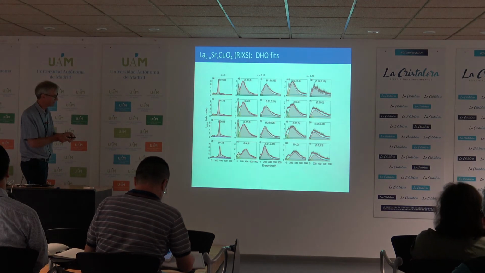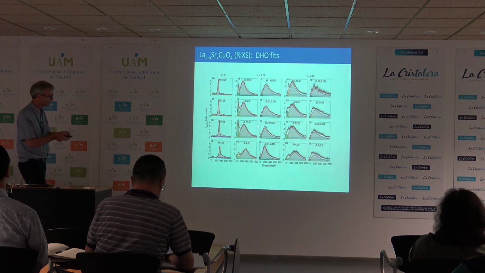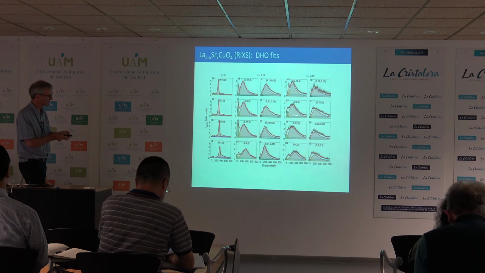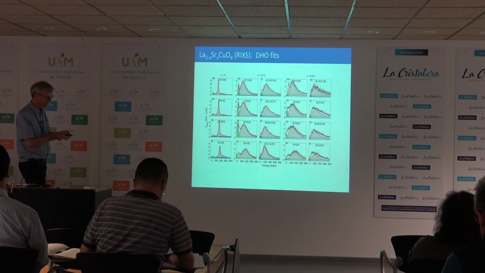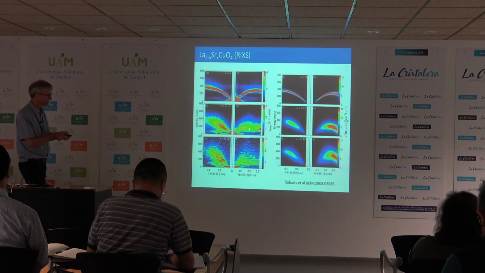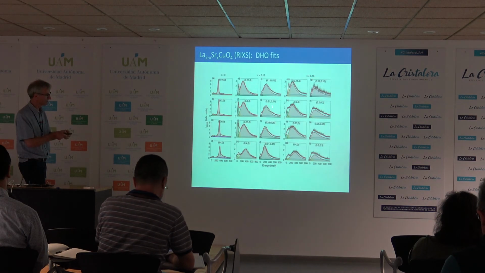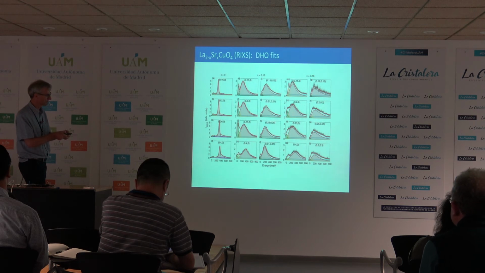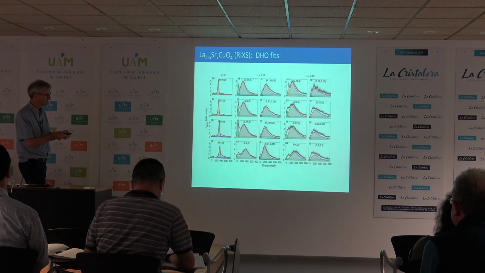So coming back to the harmonic oscillator that I mentioned earlier on, we can fit all these curves if we just take cuts up here through this stuff. And these are actually just harmonic oscillator fits, plus fitting the phonons that occur at low energies.